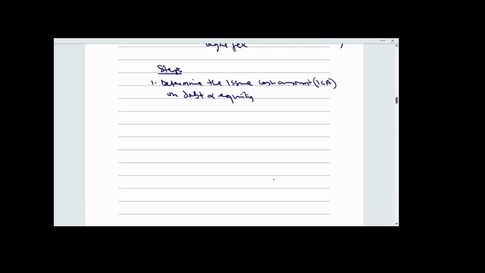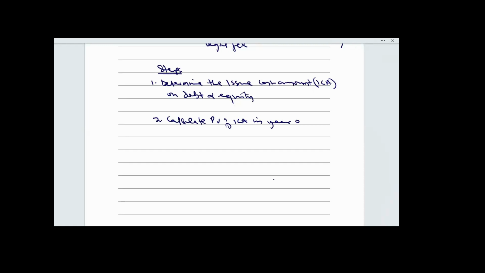Then step two, you then calculate PV of issue cost. Let me call it PV of issue cost amount in year 0 for both equity and debts.